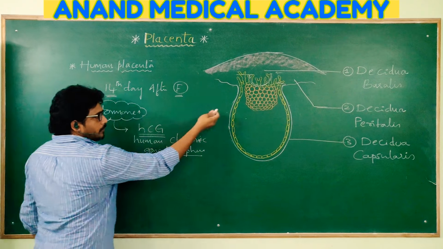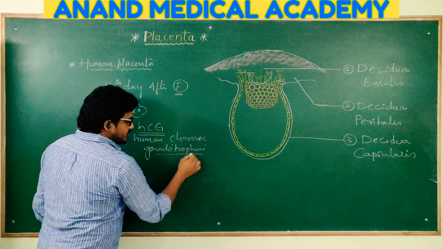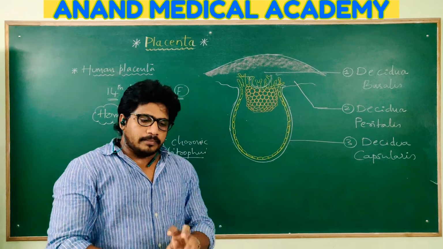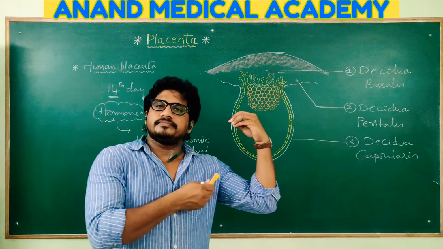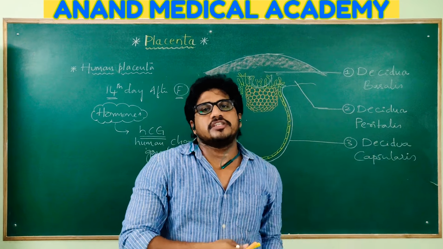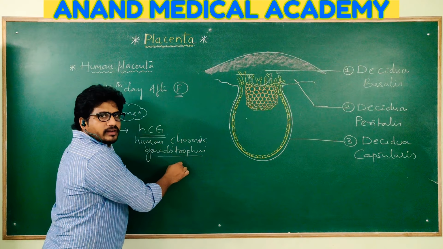Human chorion. The human placenta is chorionic type. And gonadotropin. Trophin means what? Activates. Gonad means what? Reproductive structures. So, a hormone released from the chorion, that is the placenta, and that hormone targets gonadal parts, the ovary, and it activates some functions. That is what is called human chorionic gonadotropin.